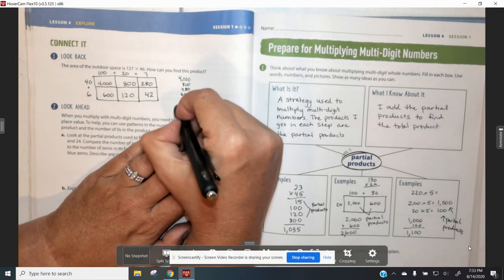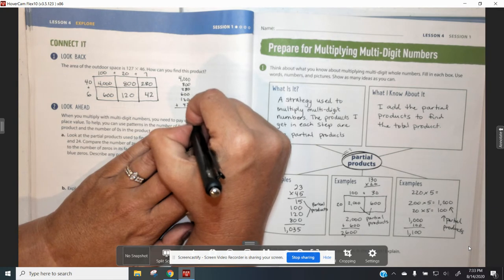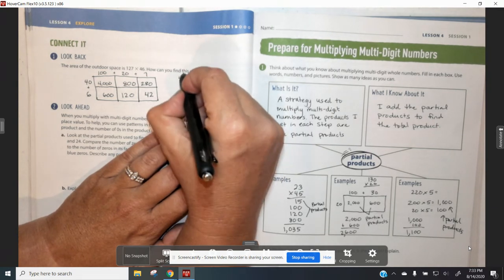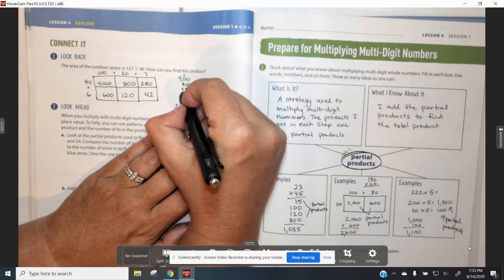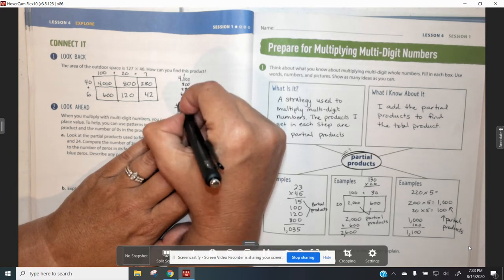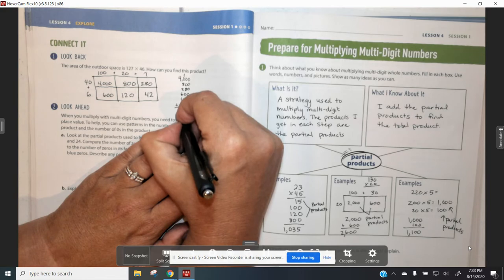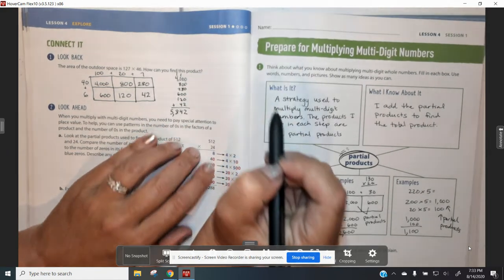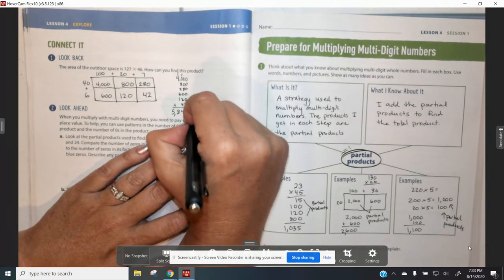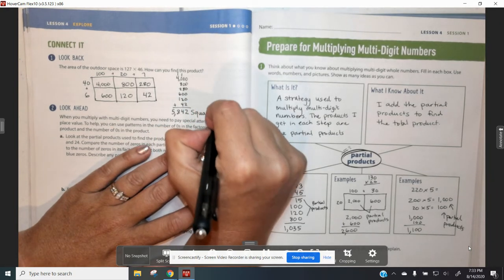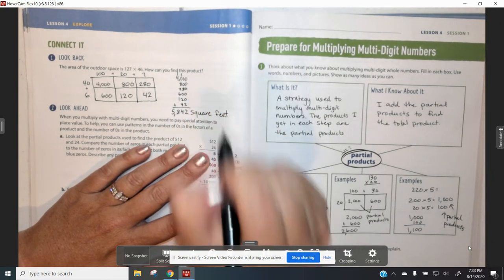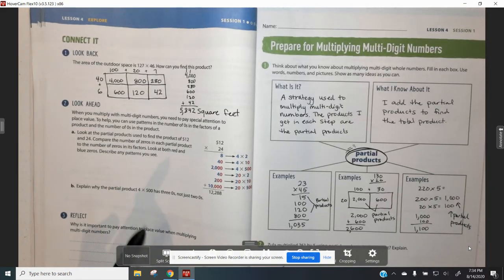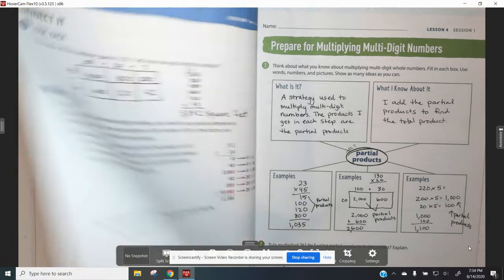So if we add all of that up, we get 2, 8 plus 2 is 10, plus 4 is 14, 8 plus 2 is 10, 11, 12, 18. So we get a total square footage of 5,842 square feet.